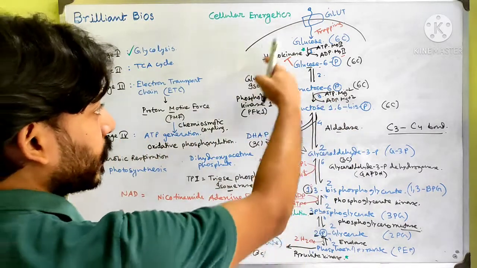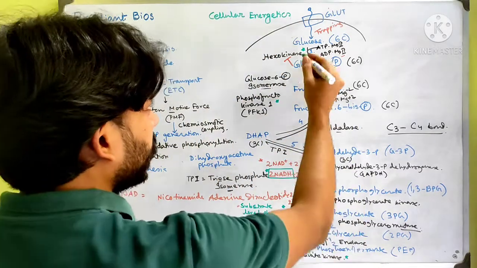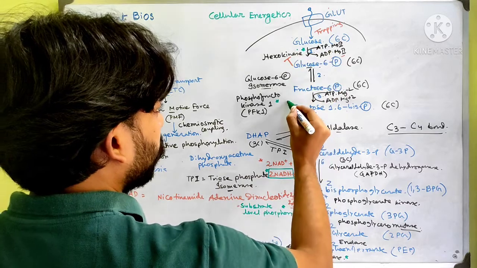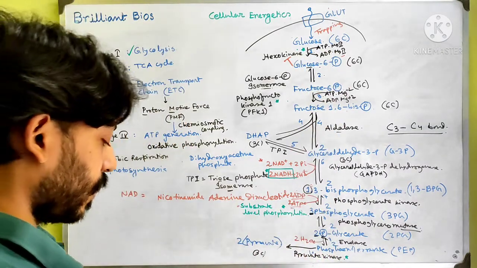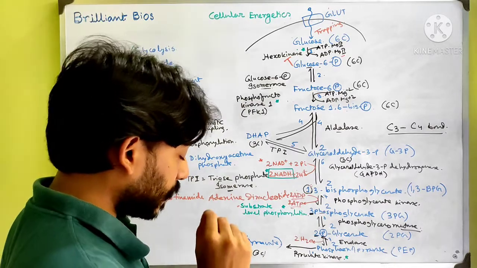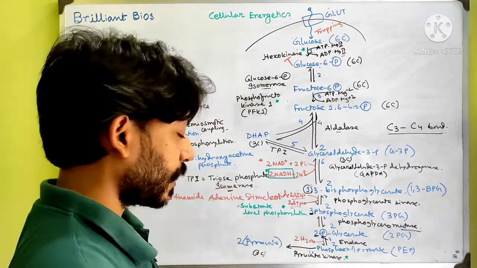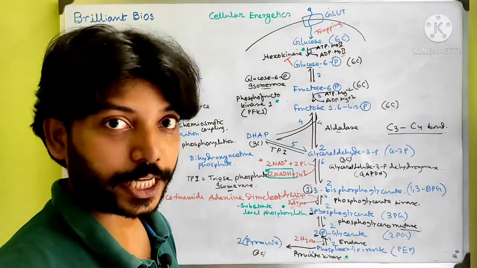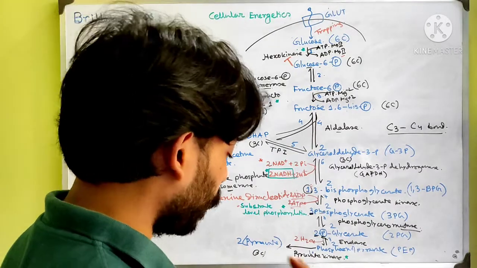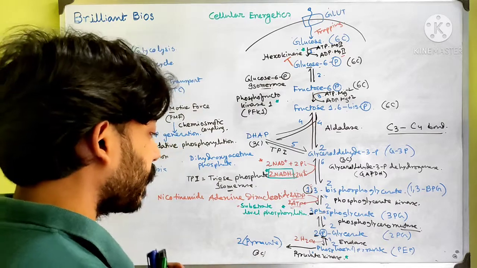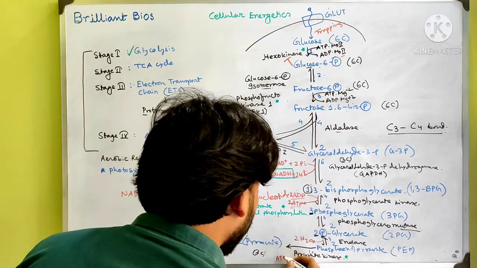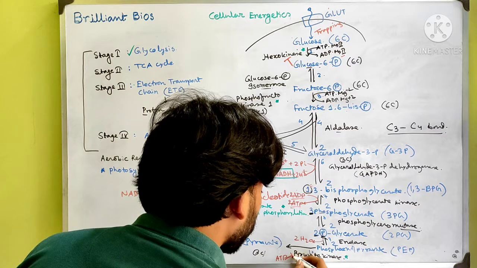You can see here all the steps are reversible. Only the first, third and 10th steps are irreversible. And this pyruvate kinase acts as an allosteric enzyme. That means it can be controlled or regulated by other molecules, like here ATP inhibits this enzyme.